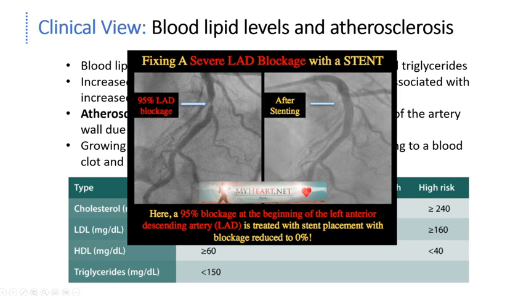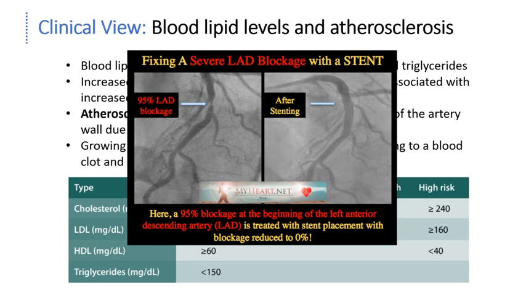So what can be done is you can place a stent. A stent is this kind of metal mesh-like structure. It's fed through an artery, usually starting in the groin, and it goes backwards. The stent is traveling backwards under the guidance of a surgeon, moving toward the heart, into the aorta, into the coronary artery, and then into whatever branch is blocked.